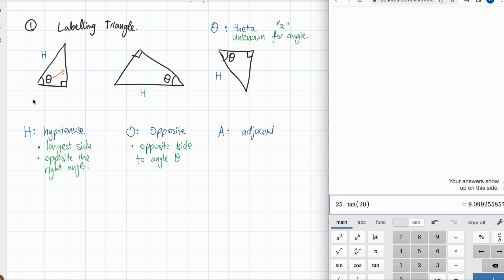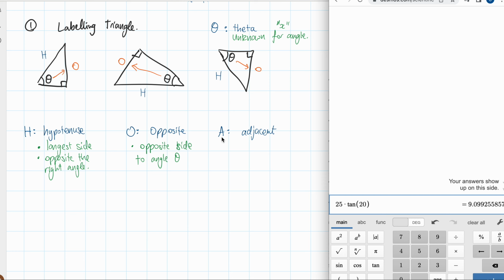So this one here is going to be opposite, right? This side length. Over here, here's our theta. Opposite to that, just there, is our opposite side. Now on this one here, here's our theta. So this is our opposite side. So we've done H and O now.